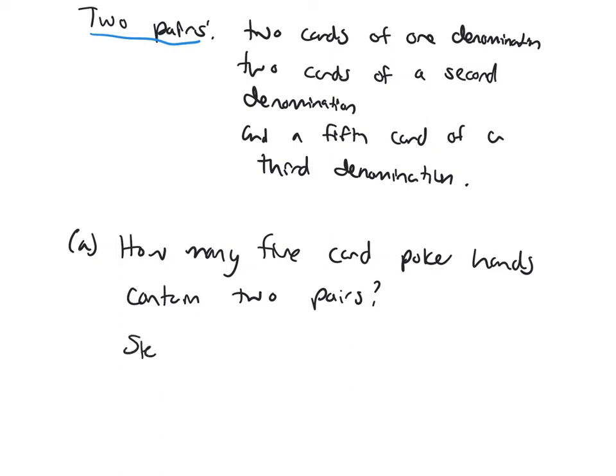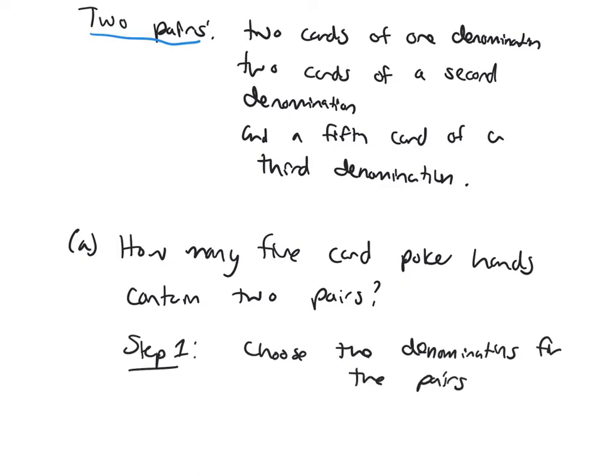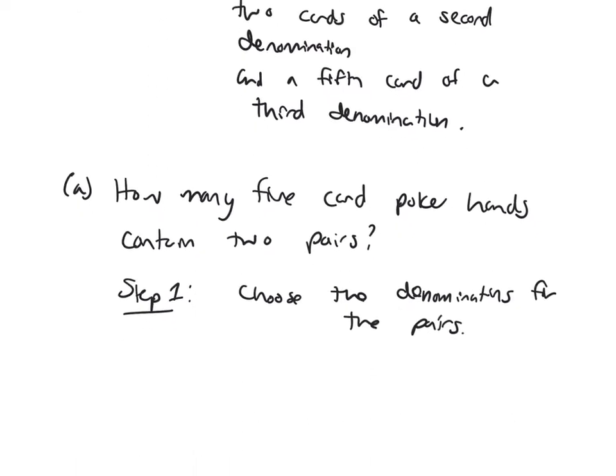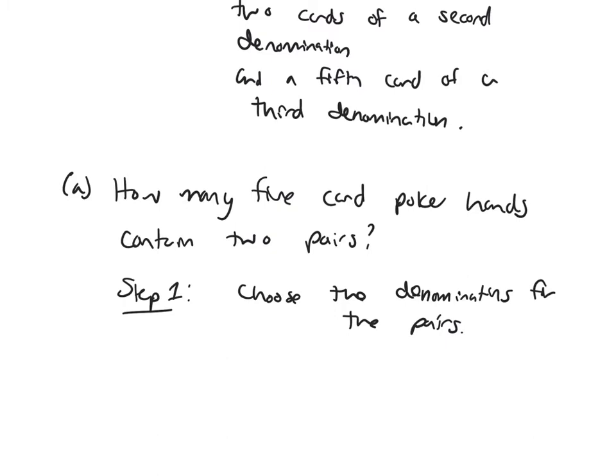So step 1, you're going to choose the denominations for the pairs. So what are my pairs made up of? So like in the example I did before, verbally I said we had a pair of 2s and a pair of 3s. So first you're going to pick out those denominations. Or do I have a pair of jacks and a pair of queens?